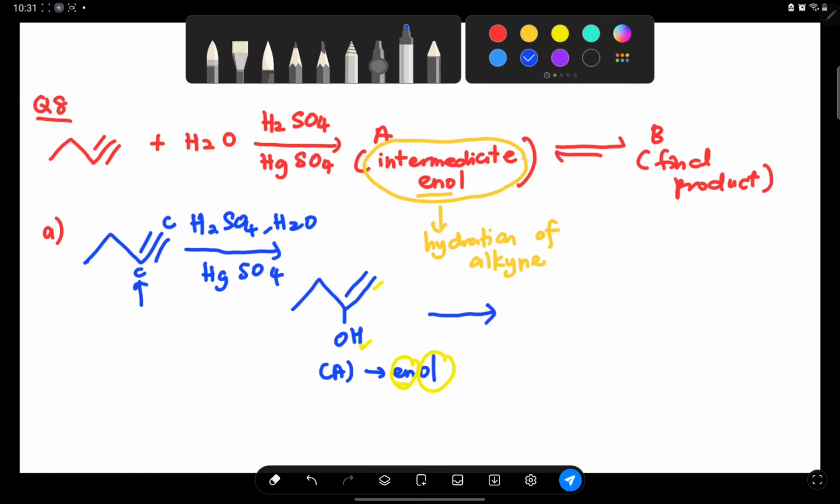Then here will become a carbonyl, double bond O. So here is compound B, a ketone.